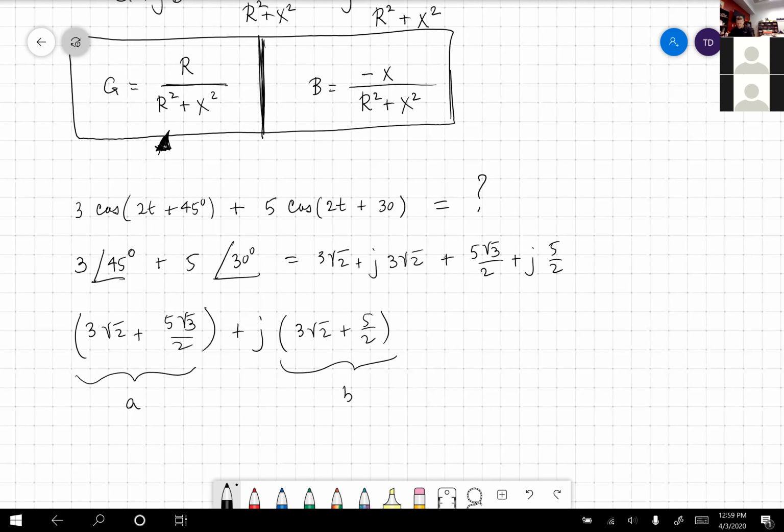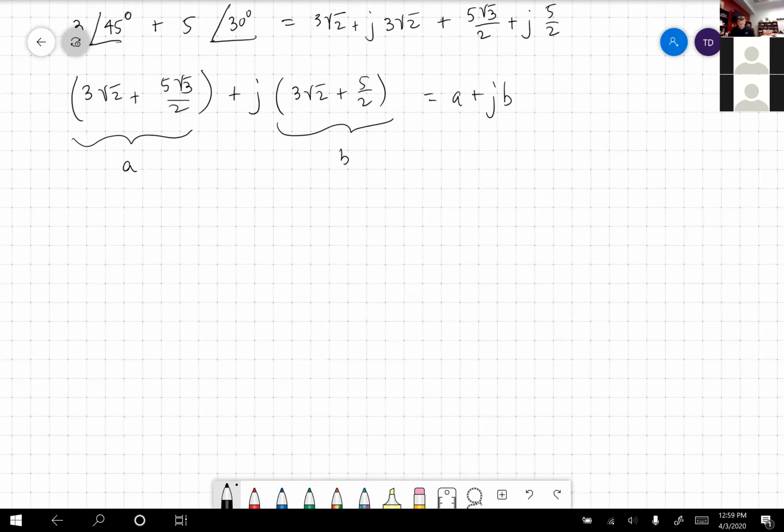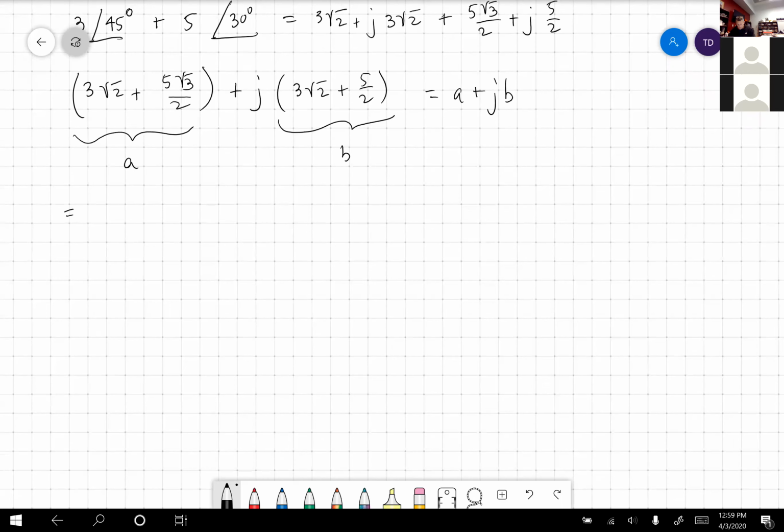So we have a plus jb, knowing what a is, knowing what b is. And now this is equal to the square root of a squared plus b squared at an angle tan inverse of b over a. And now we're going to convert back to the time domain.